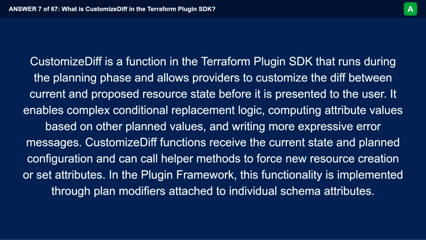It enables complex conditional replacement logic, computing attribute values based on other planned values, and writing more expressive error messages. CustomizeDiff functions receive the current state and planned configuration and can call helper methods to force new resource creation or set attributes. In the plugin framework, this functionality is implemented through plan modifiers attached to individual schema attributes.